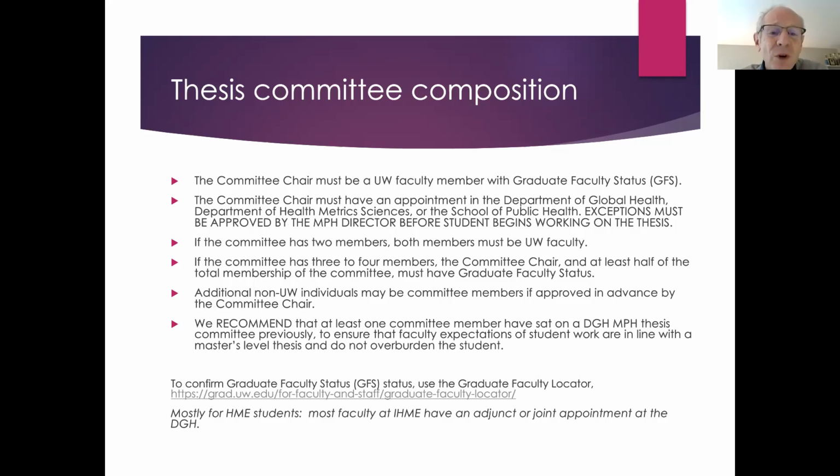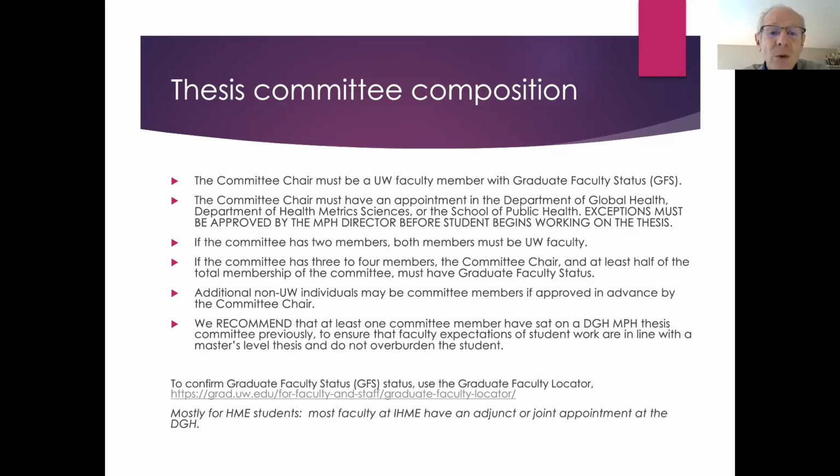First, the thesis chair must be a UW faculty member with graduate faculty status. And here we can help you, your program manager can also help you to identify who has graduate faculty status. Most of the faculty does, but it's good to validate that.